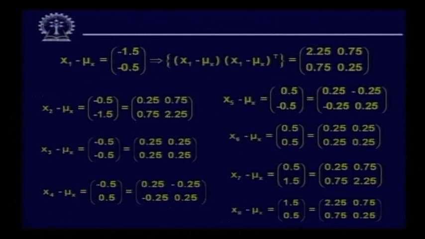So, similarly, we find out (x minus mu x) into (x minus mu x) transpose for all other vectors in the population x.